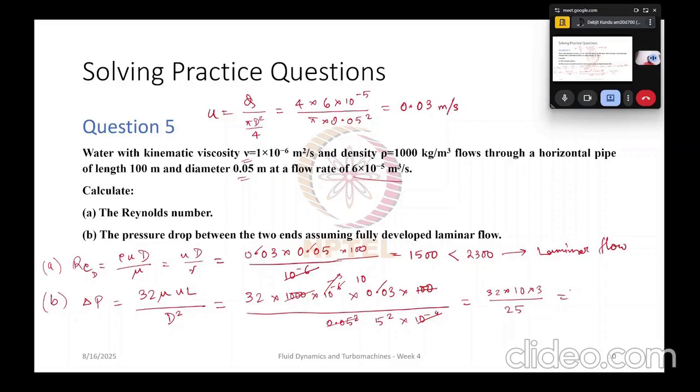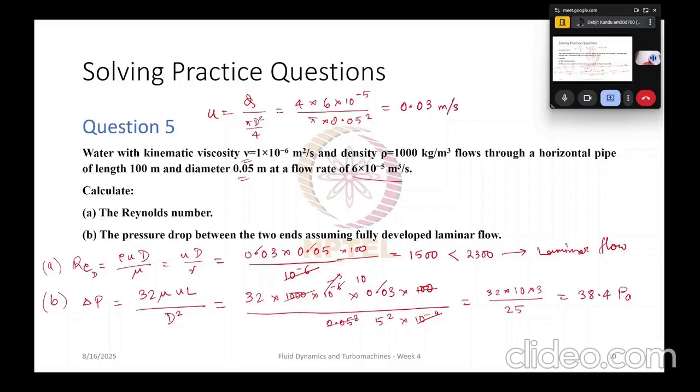This should be pretty straightforward to calculate. So I have 32 multiplied by 30 divided by 25. So it's around 38.4 pascals.